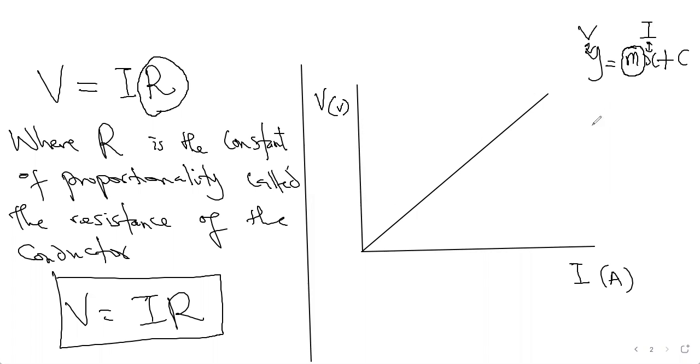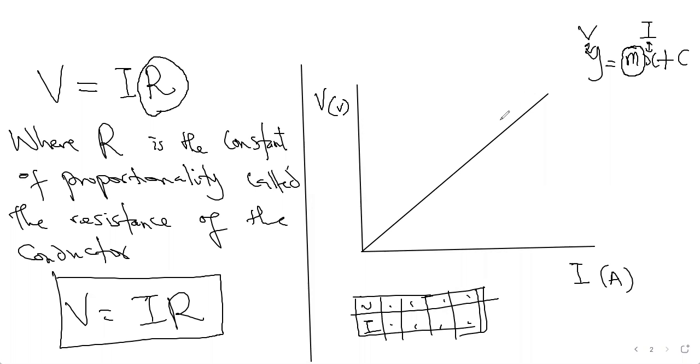So if you have data for voltage and current and you plot it and get a straight line that passes through the origin, then you know immediately that the slope of this line corresponds to the resistance. Slope equals the resistance. And because there is no intercept on the y-axis, since it passes through the origin, c will be 0. So this part will not be there. That's why we have V equals IR.